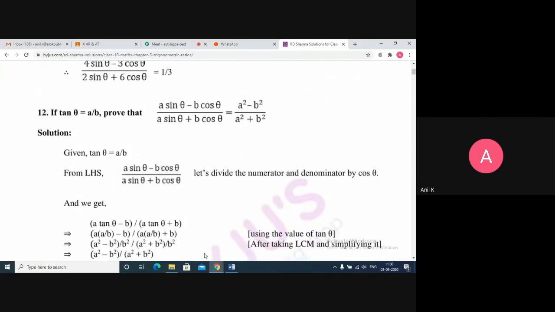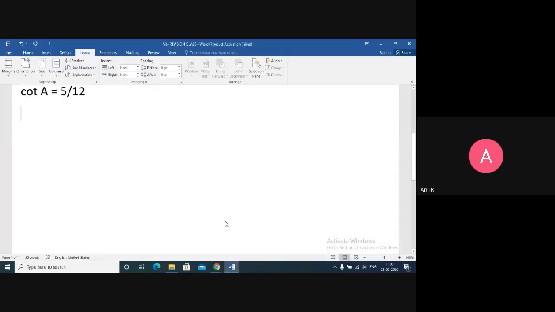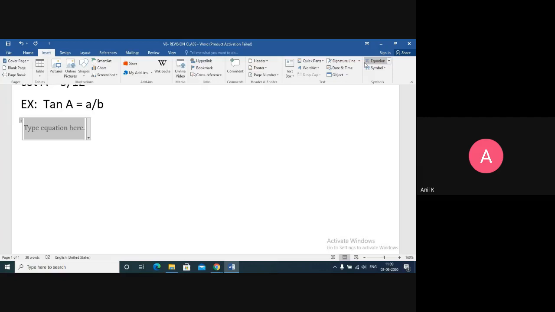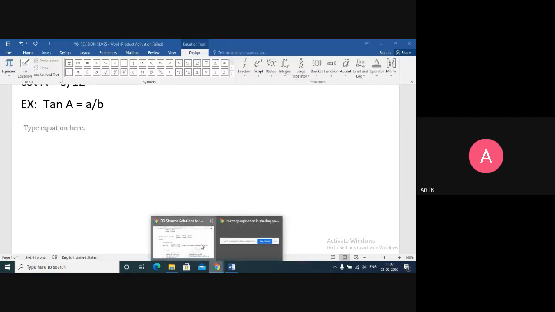Tan theta equals A by B. Okay, let me write the question. Example: tan A equals, I'll put A upon B. Now what they ask you to find. Let me insert the equation and see the question once again.